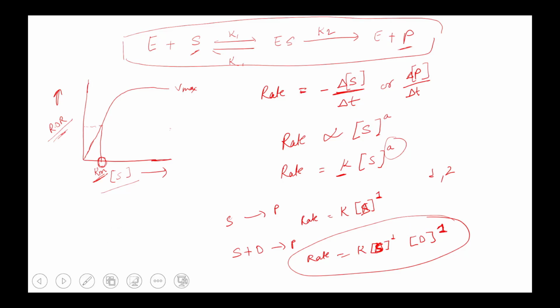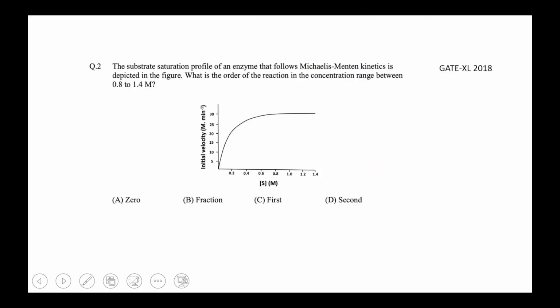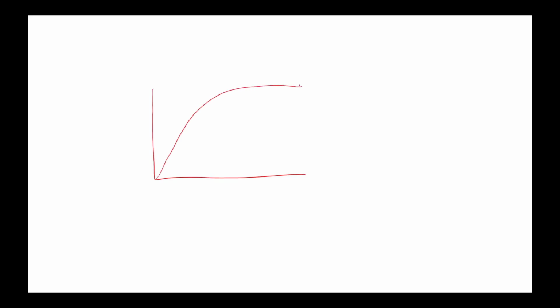Saying the same thing, if we see our Michaelis-Menten reaction graph, it increases like this. Keeping enzyme constant, the rate of reaction first goes linearly and then reaches a maximum level and levels off.